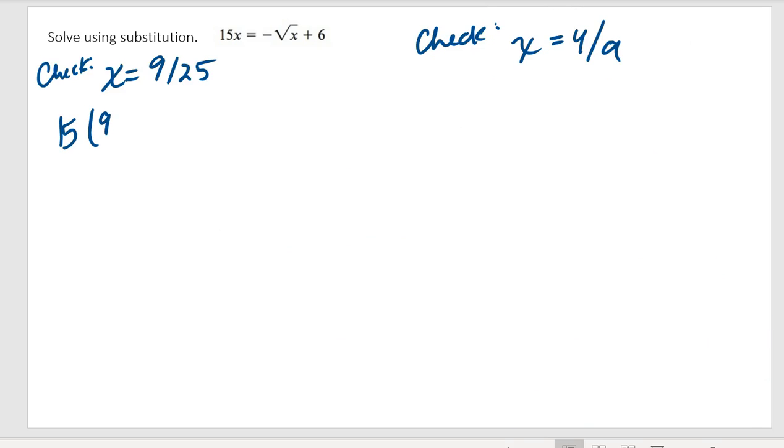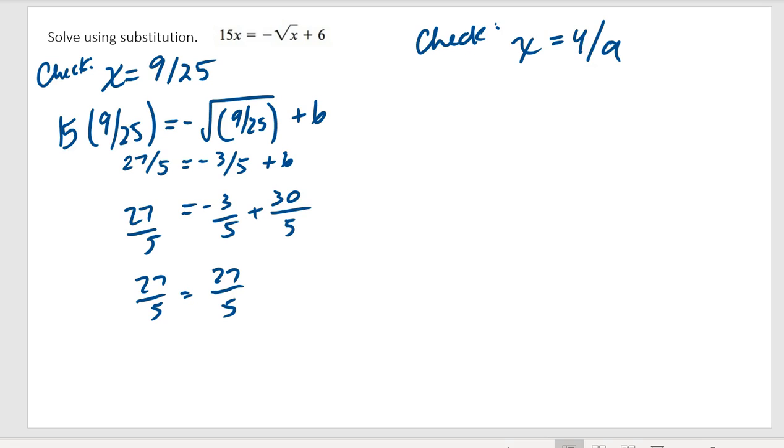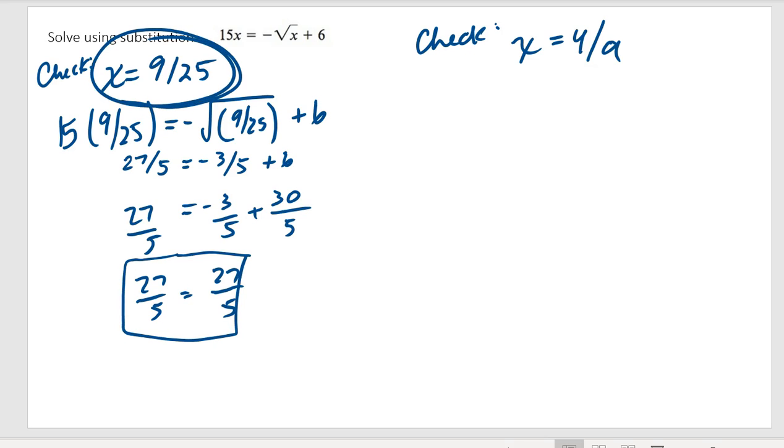So I replace x with 9/25. And I'll get a true statement. And so since I get a true statement here, I know that x is equal to 9/25 is a solution. Let's check the second one. x is equal to 4/9.